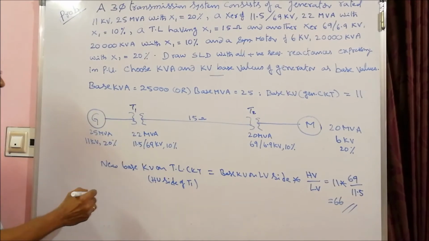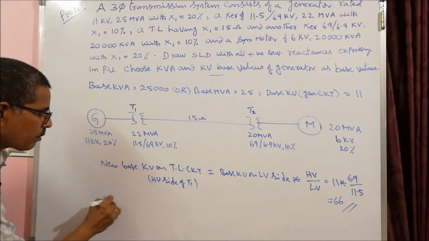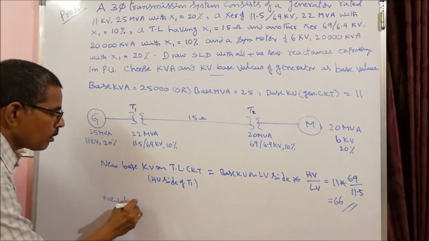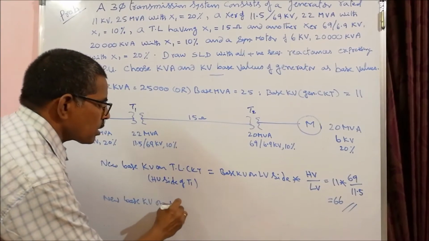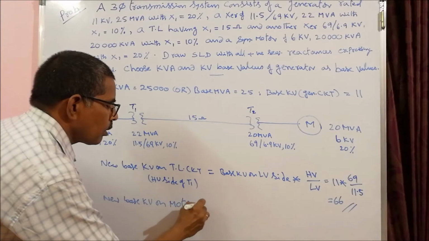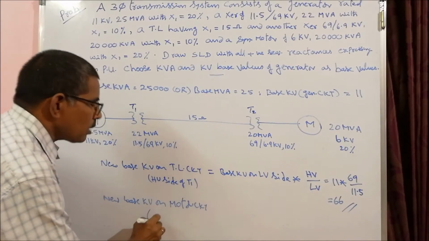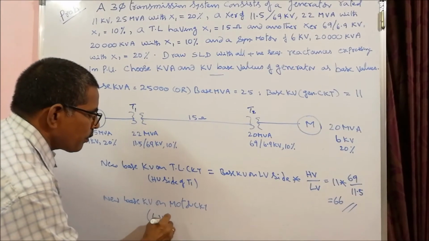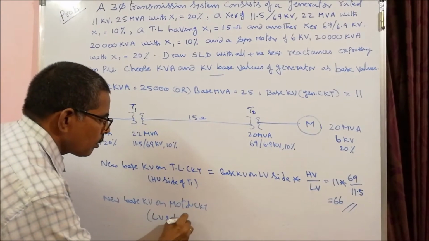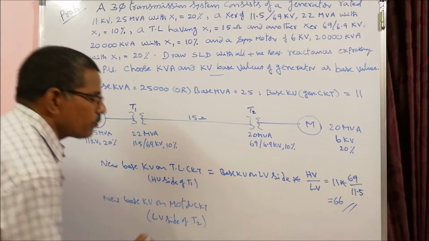Now the other one: the new base kV on the motor circuit, which is nothing but the LV side of T2.